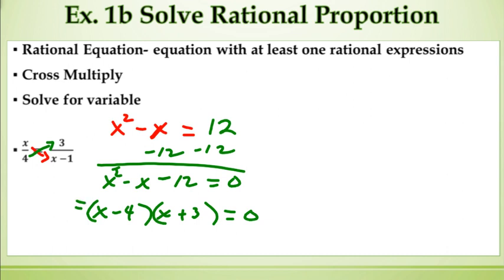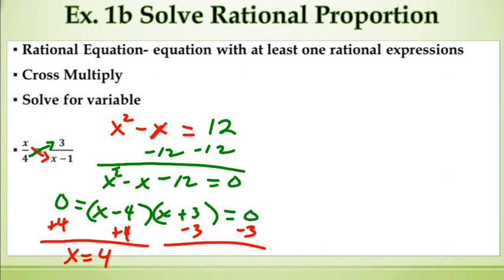So now if I make both of them equal to 0, to get x by itself, I add 4 to both sides. So here, x can equal a positive 4. Over here, I subtract 3 on both sides, x can equal a negative 3. But I wanted to verify to make sure that none of them will make the rational equation undefined.